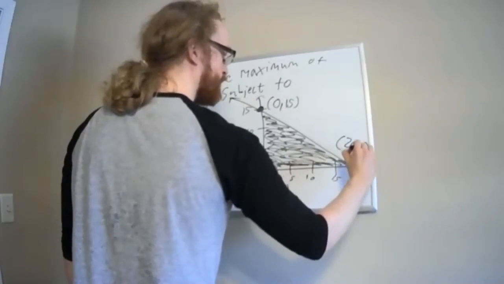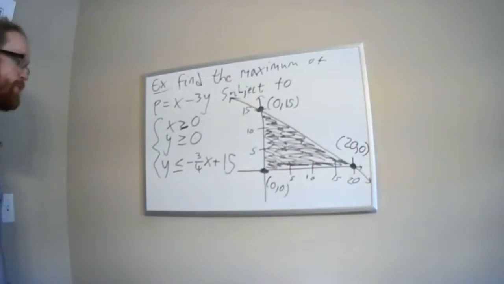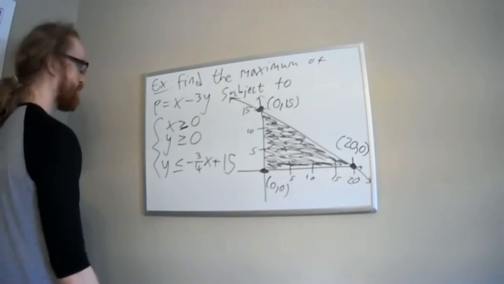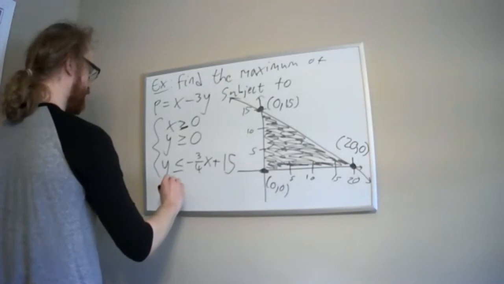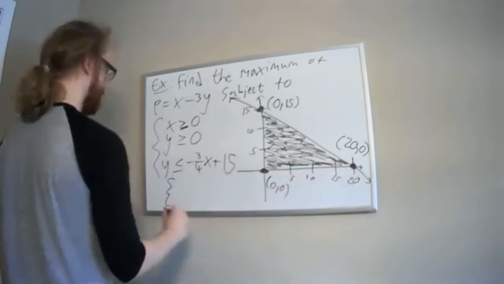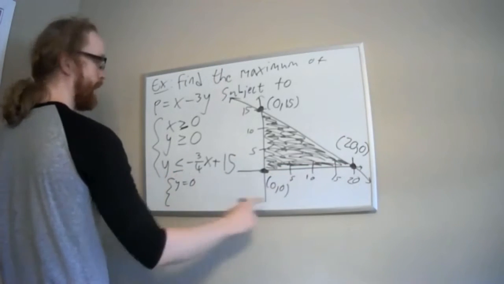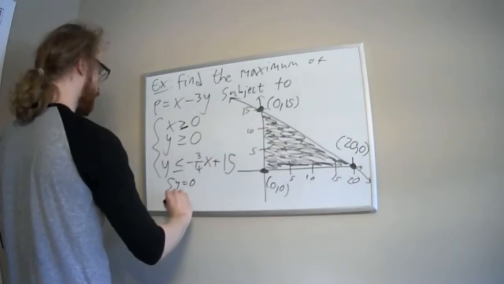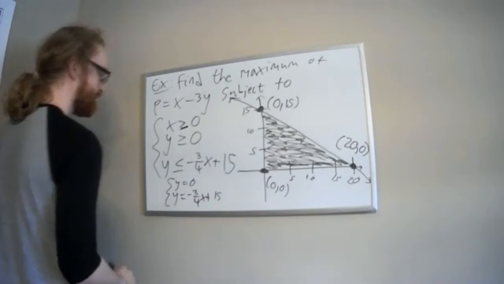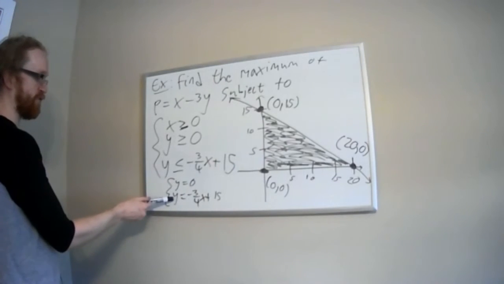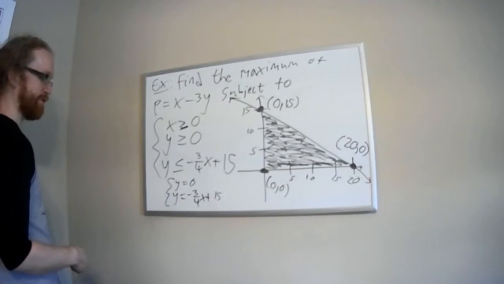You might ask if I really drew that carefully enough to know that for sure. We could quickly solve to find out if that's true. What 2 lines intersect there? Well, this horizontal line is y equals 0. And this other line is y equals -3/4 x plus 15. Well, plug in y equals 0 here to solve this system.